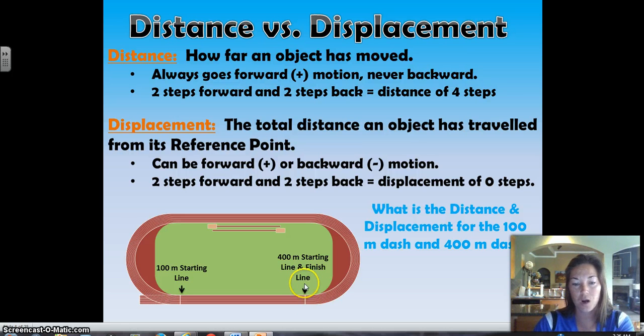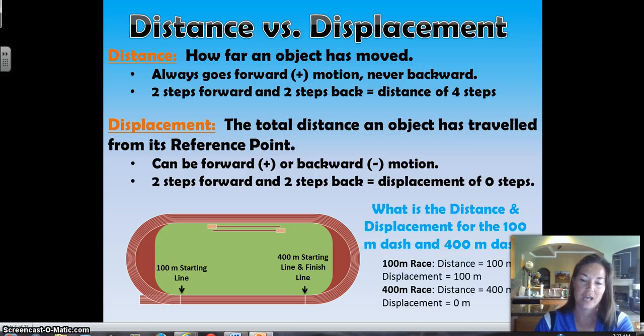Another race is the 400-meter dash, where you start here, and you run 1 lap around the track, and you finish right where you started from. So think about it for a second. What is the total distance and total displacement for the 100-meter dash and the 400-meter dash?